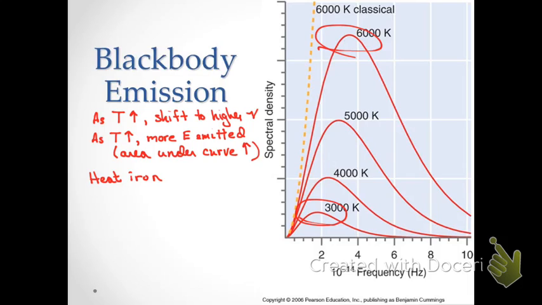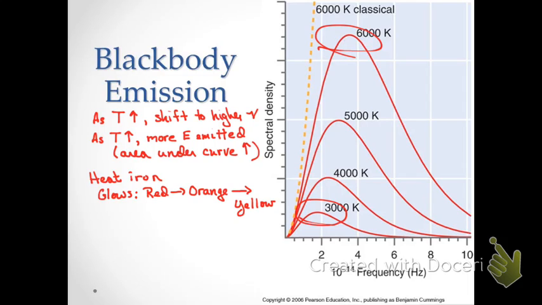An example of blackbody radiation and the kind of shifts that we see here might be something that you're familiar with. If you take an iron poker and heat it in a fire, you notice as it gets hot and starts to glow, it starts by glowing red, then continues to get hotter, glows orange, and on to yellow. And finally it will glow white hot, which you may remember is a combination of all colors.